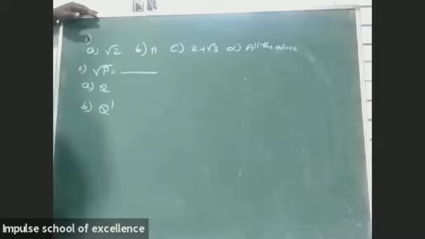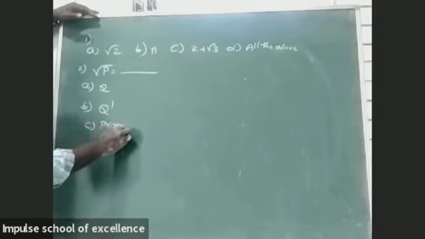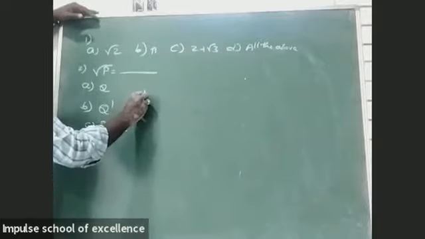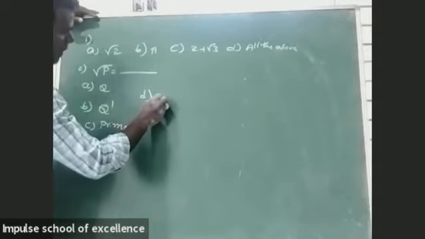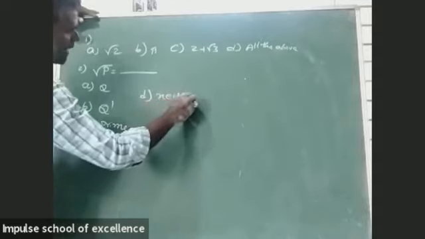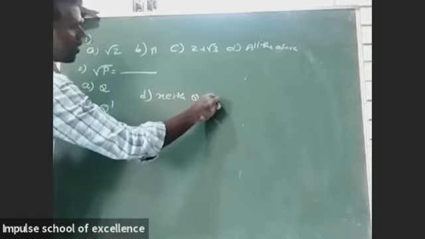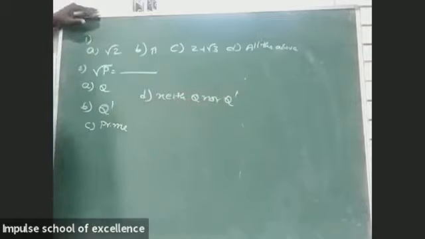Third one, prime number. And fourth one is neither rational nor irrational. Which is the correct option?